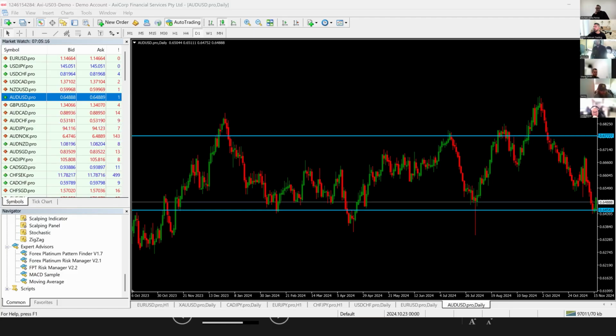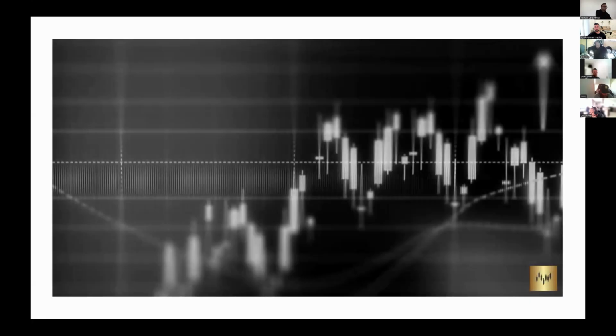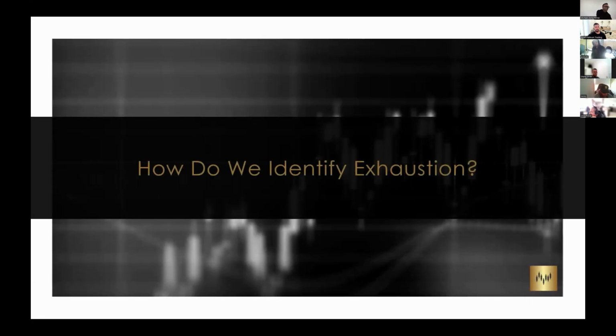Let's go and have a look at identifying exhaustion. How do we identify exhaustion? What do we think? Candles are getting smaller as they reach the top or the low point, the swing high or the swing low. Yep.